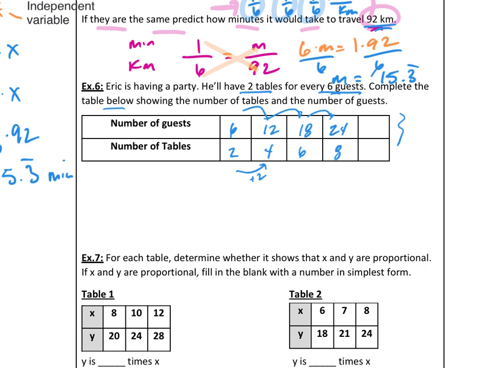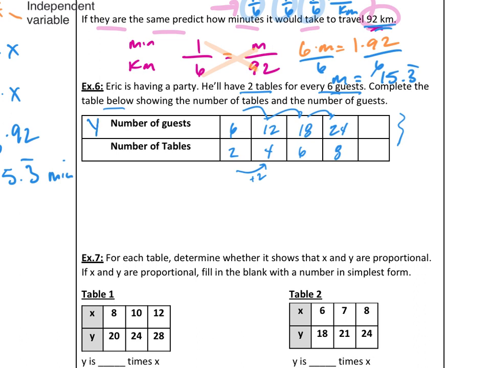So if I want to know if this is a proportional relationship, I have to put y over x, right? And it seems like the independent variable, we're trying to determine how many guests he can have, and that's determined by the number of tables he has. So the dependent variable, the one that depends on the other, is our number of guests.